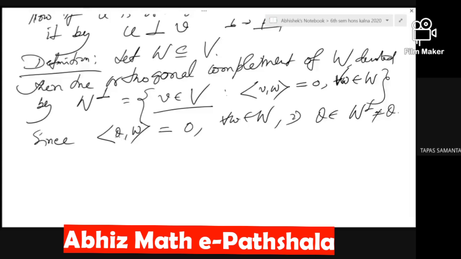That is, it is a subspace of V. Although W is any set, W may be a subspace or not, but W perp is always a subspace of V. Whatever W is, maybe a subspace or maybe an ordinary subset of the vector space V, its orthogonal complement will always be a subspace of that vector space.